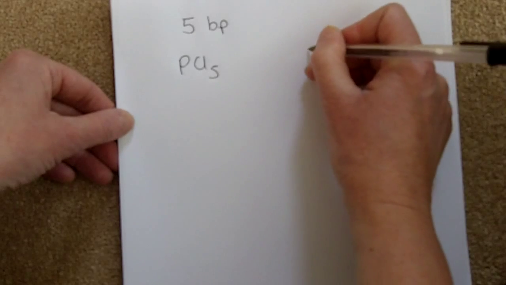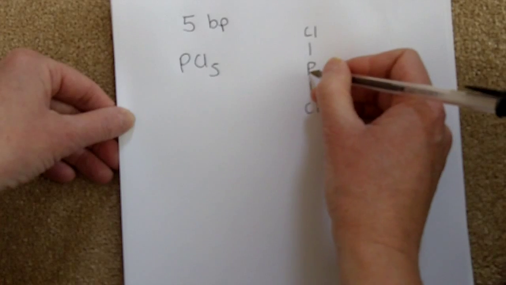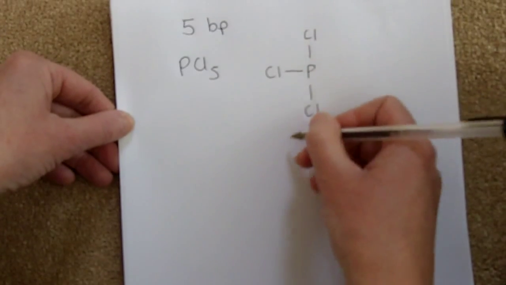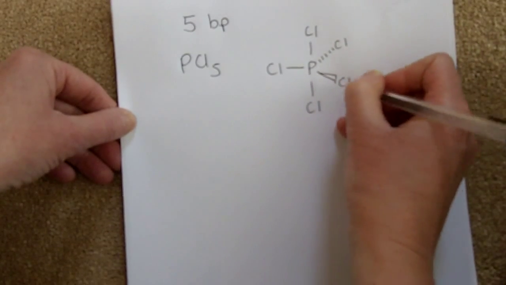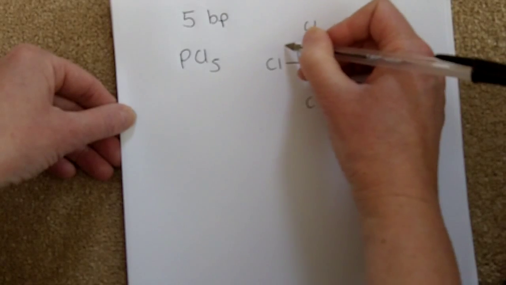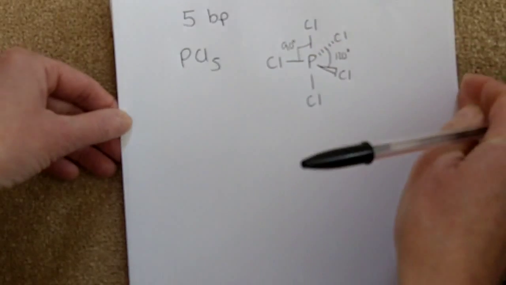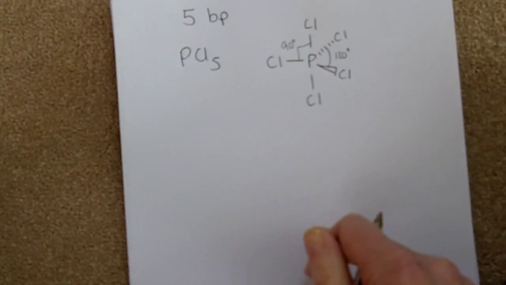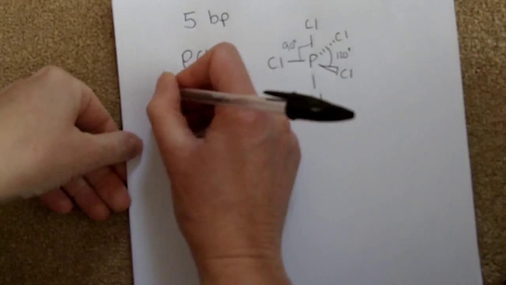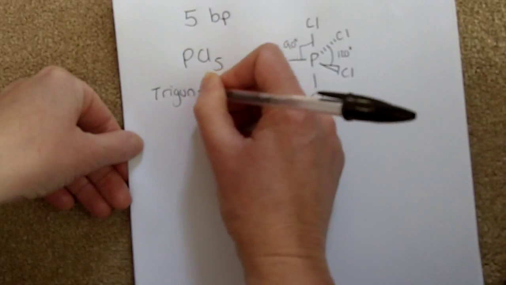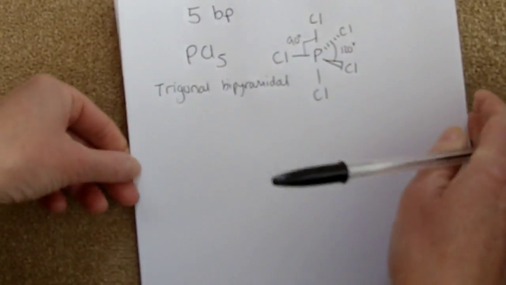You have your phosphorus and your chlorine up and down flat, and then from your phosphorus you've got one like that, and then one going back into the paper and one sticking out. The bond angle here is 90 degrees and the bond angle here is 120 degrees. It's really difficult, so you need to actually see the models in 3D. That's something you'll be doing in the lesson. This is called trigonal bipyramidal. It's really unusual for A-level chemistry.